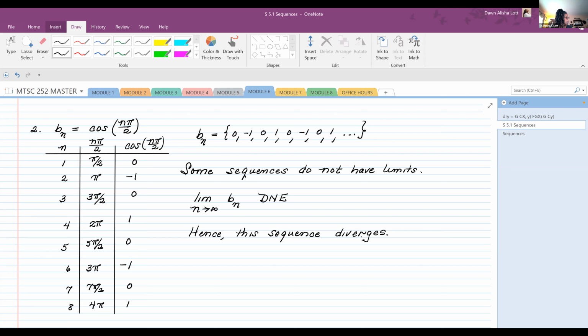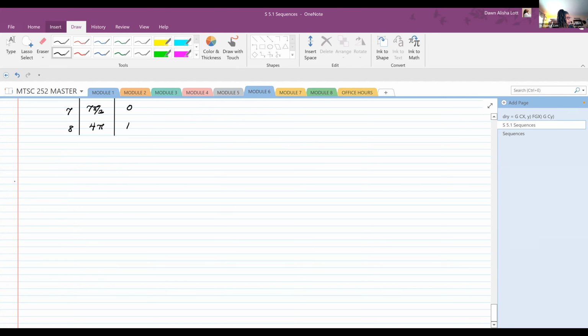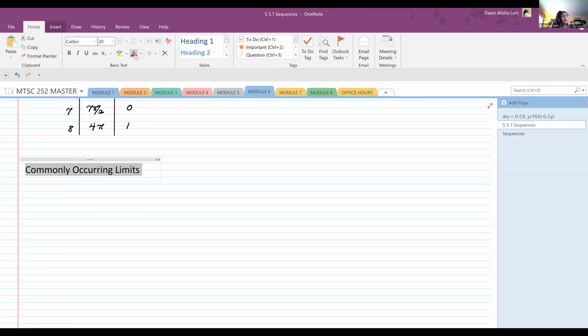All right, so let's look at some commonly occurring limits that we are going to need to solve problems in this section. Number one.